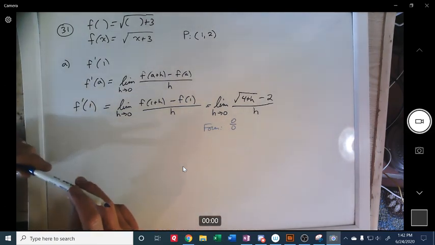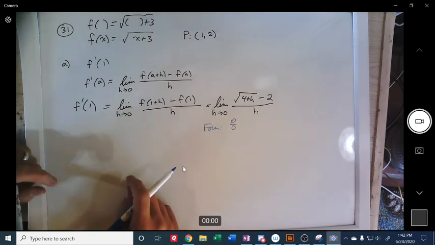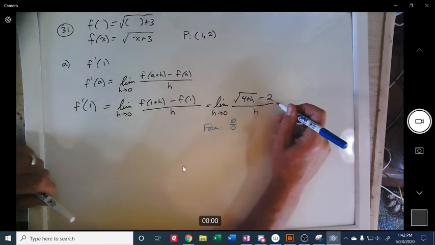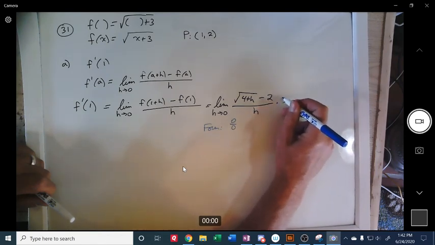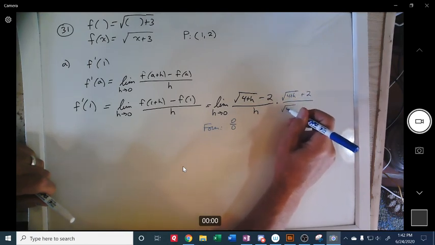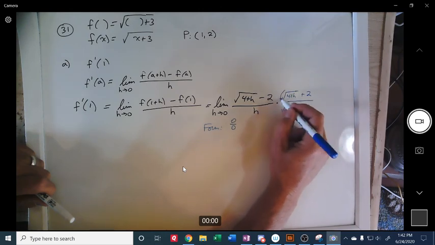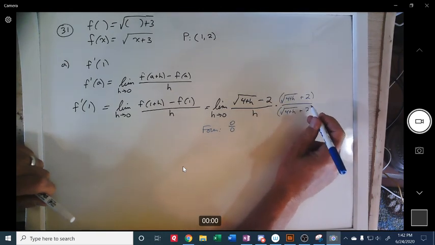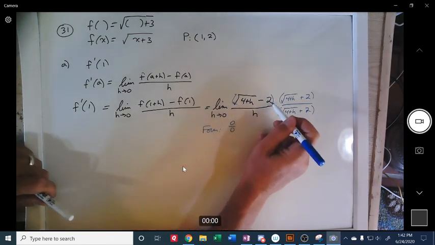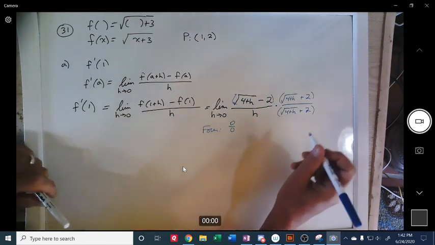I have to simplify this. The only trick I know when it involves the square root is multiplying by the conjugate. And if this doesn't work, I don't really have anything else up my sleeve. That's what I'm going to try. Hope it works.